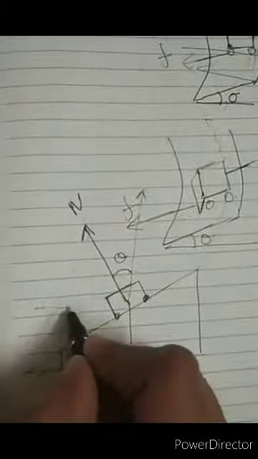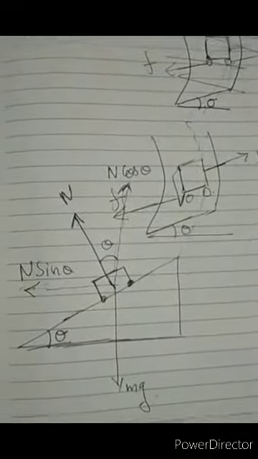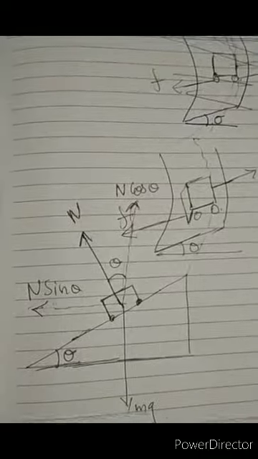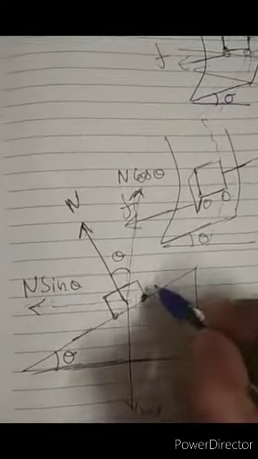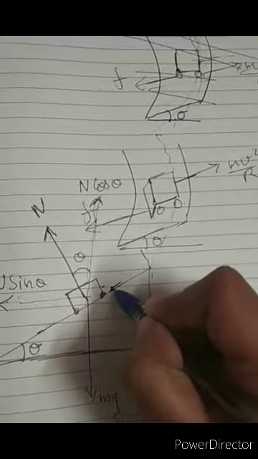Let's draw the components of this figure, cos theta and sin theta. Now look here, mv square by r in this direction. This is a banked road. If you draw it like this, this will be a banked road, and mv square by r will be in this direction.